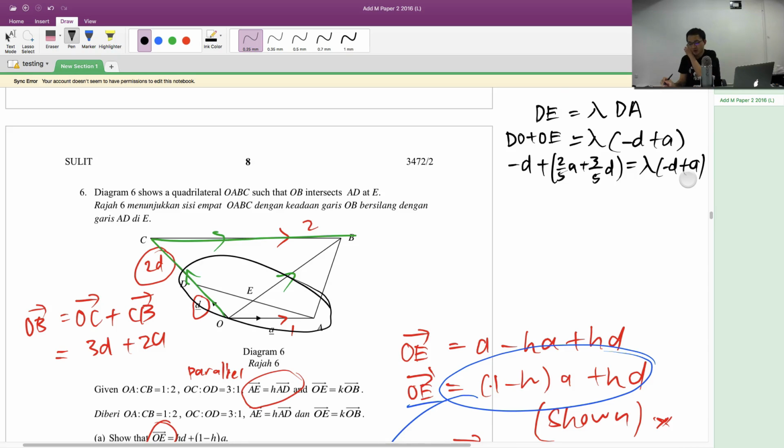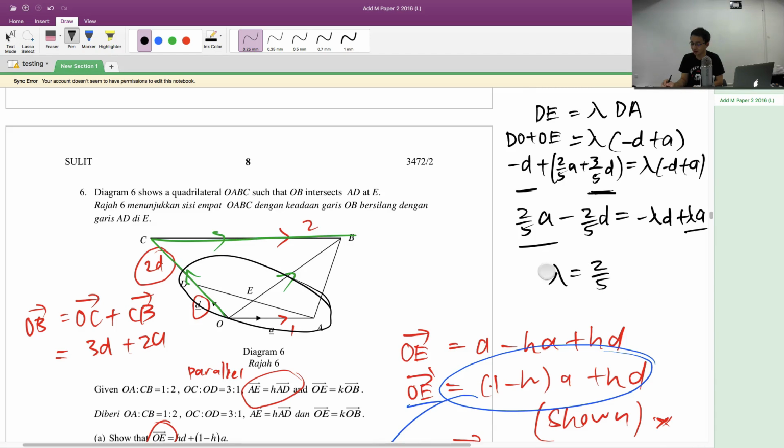Then of course I will solve the D and D together. So this one will give you 2 over 5 A, and then this one should be A. Negative 1D plus 3 over 5 D is negative 2 over 5 D, equals negative lambda D plus lambda A. You can compare the A. If comparing the A, we know lambda equals 2 over 5.